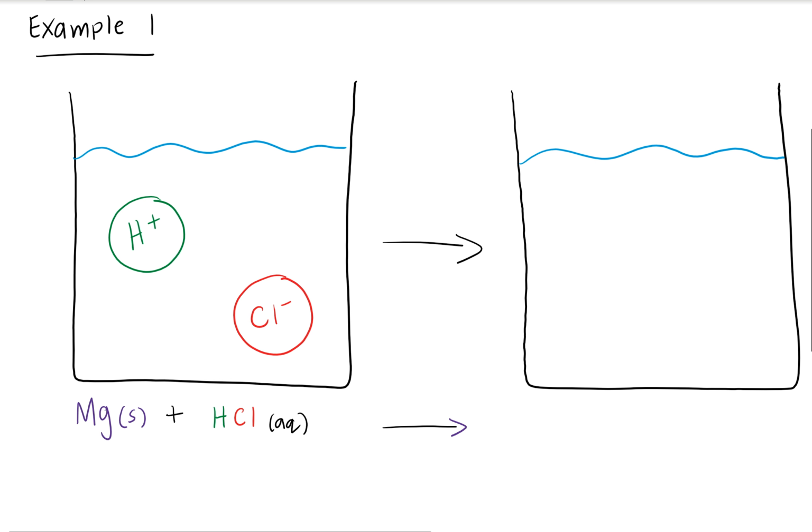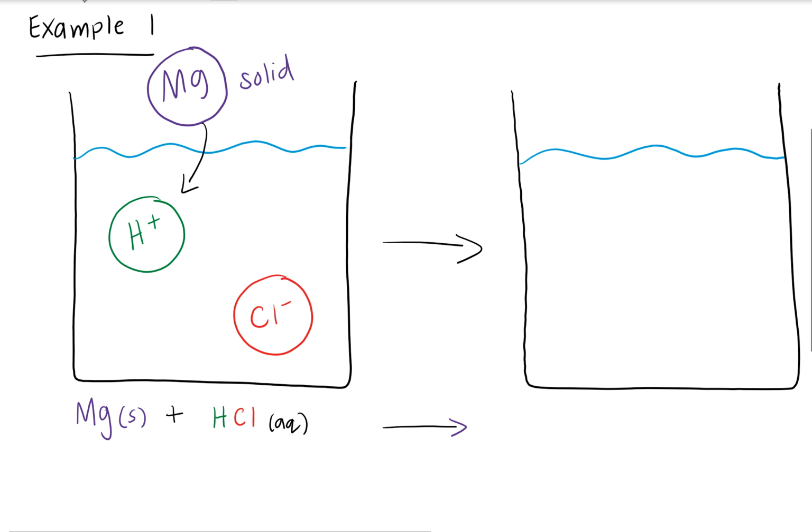That magnesium originally is by itself in its solid state, in its neutral compound form, not in the aqueous solution to begin with. So when I add the magnesium to this aqueous solution, something really cool happens. I'm going to start to see a bunch of bubbles and gas being formed, and that's because the magnesium is now replacing one of these two ions in our solution.